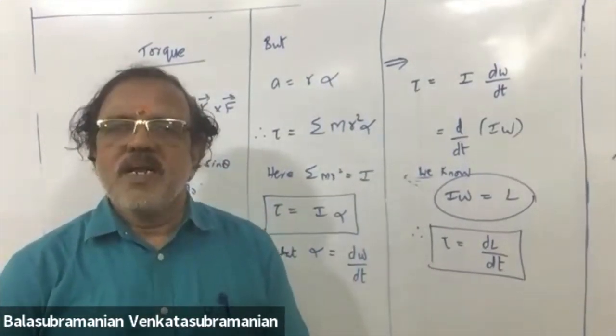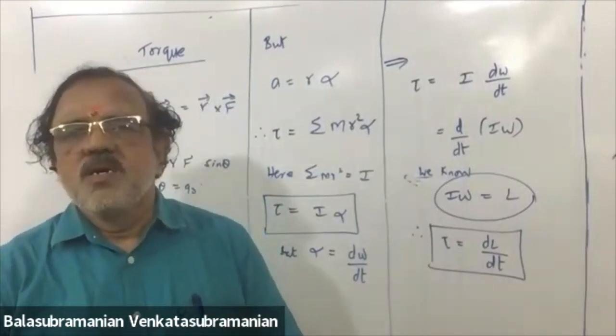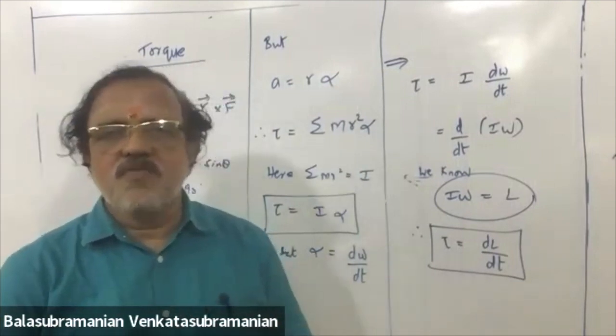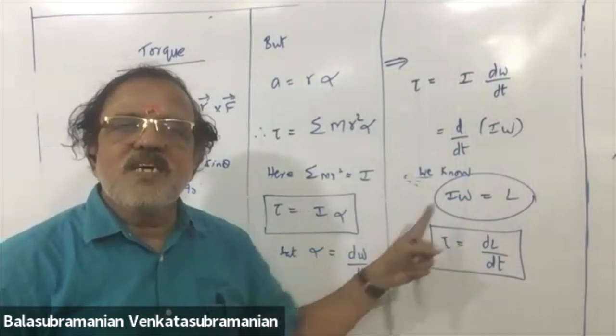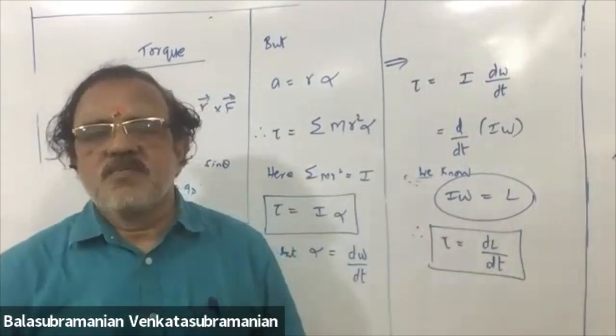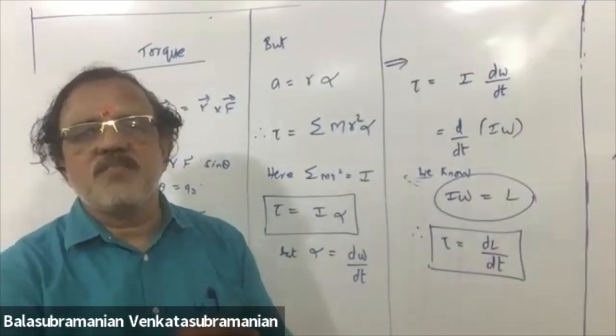Correct. Relation between torque and moment of inertia, or torque and angular acceleration, we have studied. Then torque with angular momentum also we have studied. Now we have to see conservation of angular momentum.